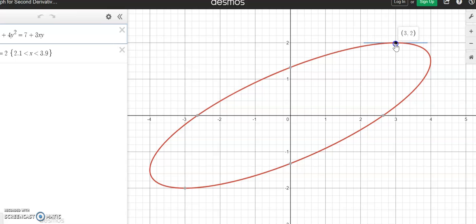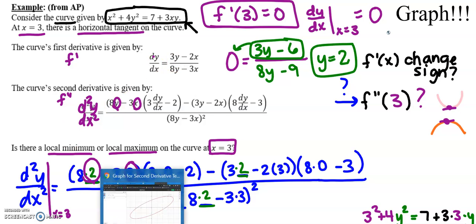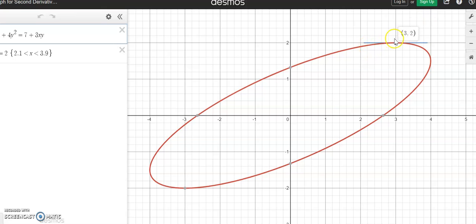Because this is where we had a derivative of 0. So at the point 3, 2, I found that my second derivative was negative, and my graph therefore should have been concave down, which my graph is concave down, so I have found a maximum.